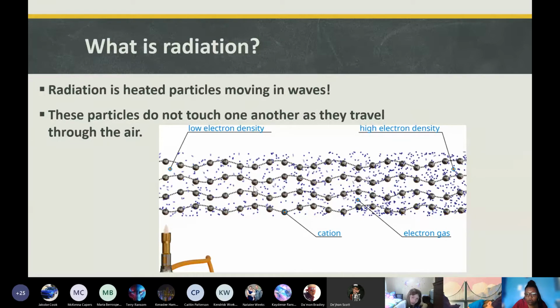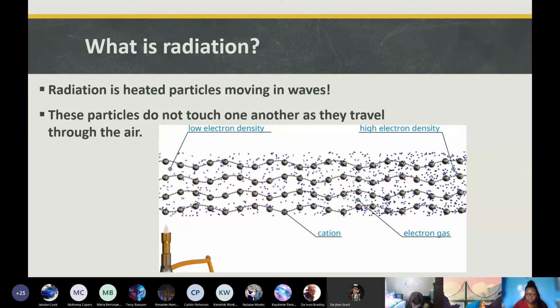Just like you see here with the gray model, these are particles that are spread out that are traveling through the air. We want to add to our notes that these particles do not touch one another as they travel through the air. So unlike the particles in conduction, particles in radiation do not touch each other as they travel through the air.